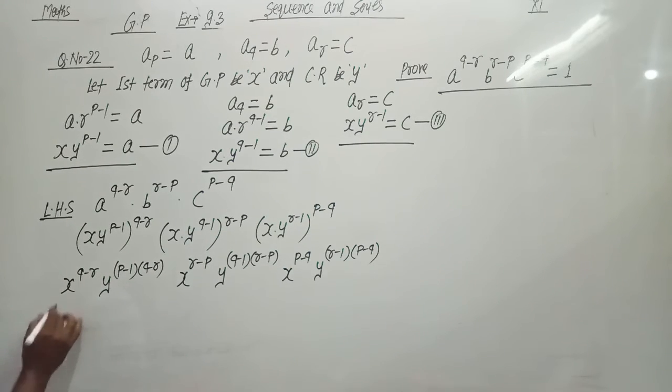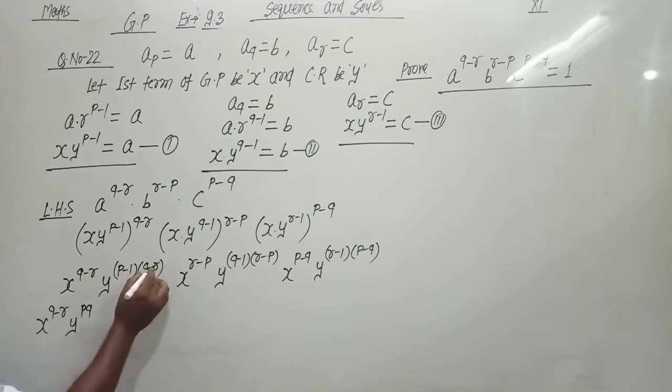So x raised to the power q minus r, y raised to the power... this power gets multiplied: p into q, pq; p into r, minus pr; minus 1 into q, minus q; minus minus plus r.